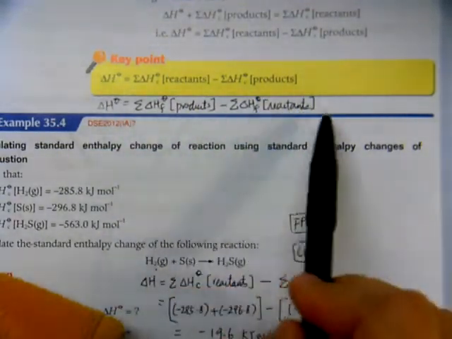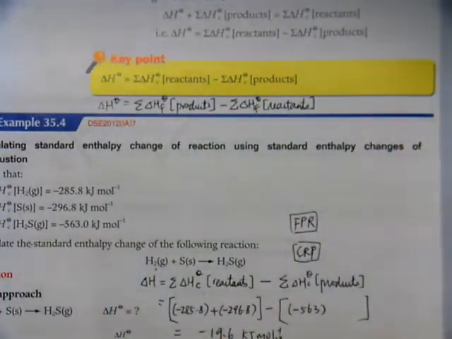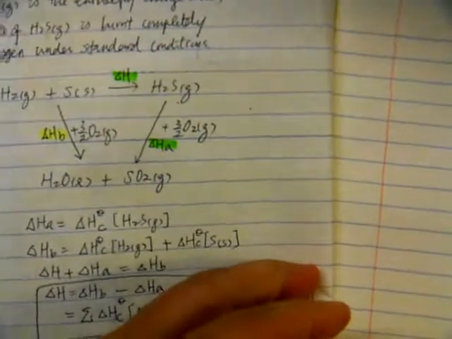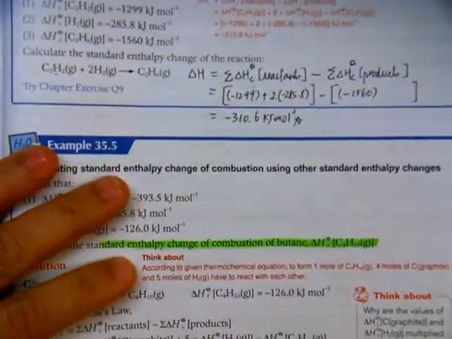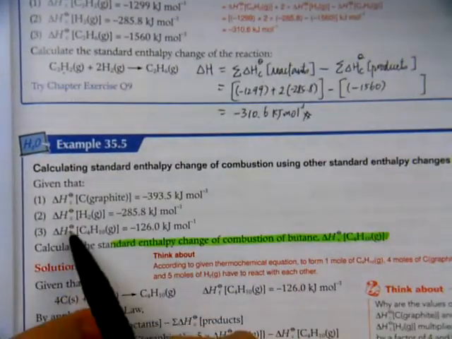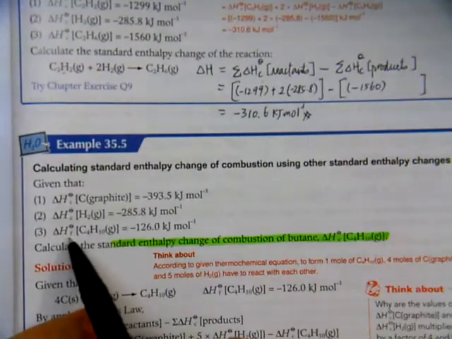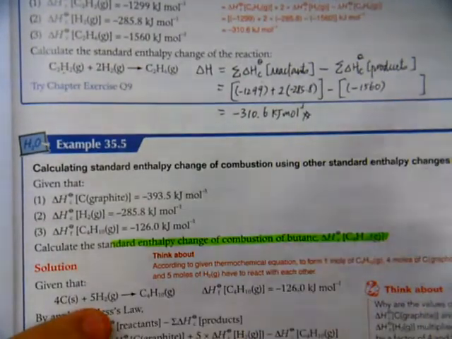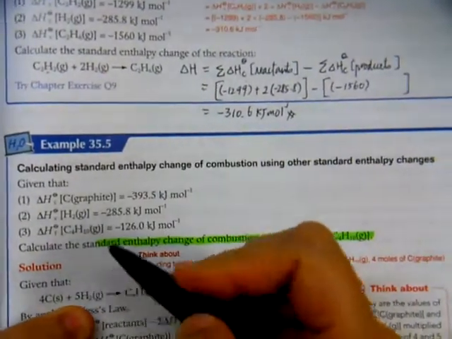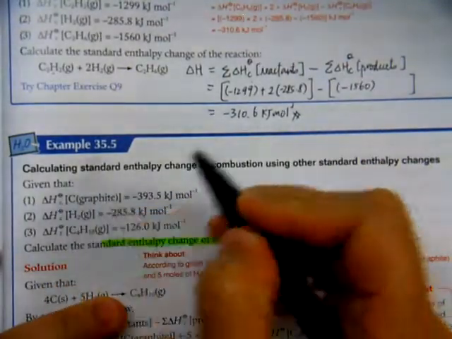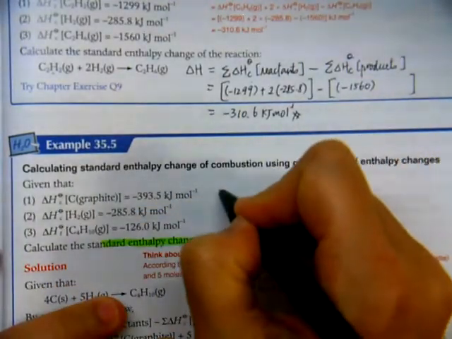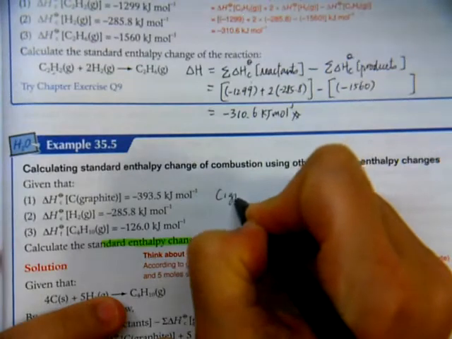That means all the data given are formation. But now we have 2 kinds. 2 of them are combustion and 1 of them is formation. So now what to do is to change the term into equation. Combustion of graphite.